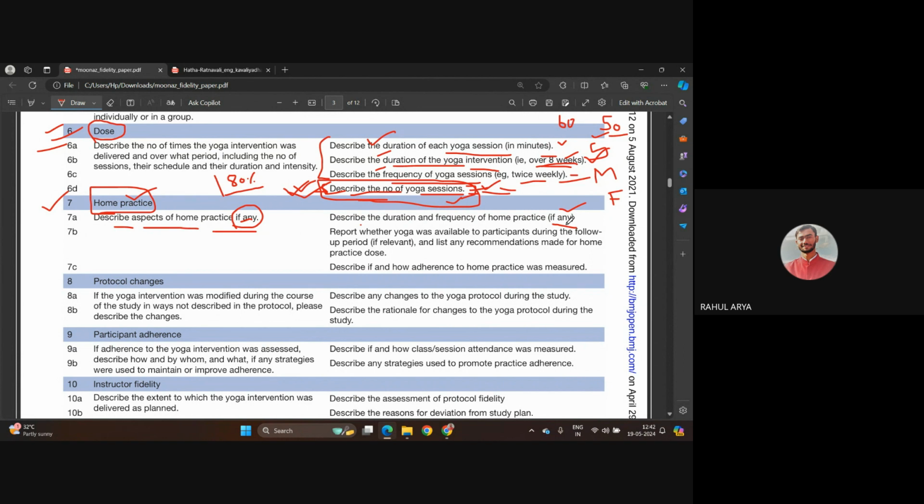How you will measure that? Yes, please, I'm asking a question. If you are providing your intervention, you are telling that home students they will do their own. How you will measure their attendance? Can you answer? Yes, please.